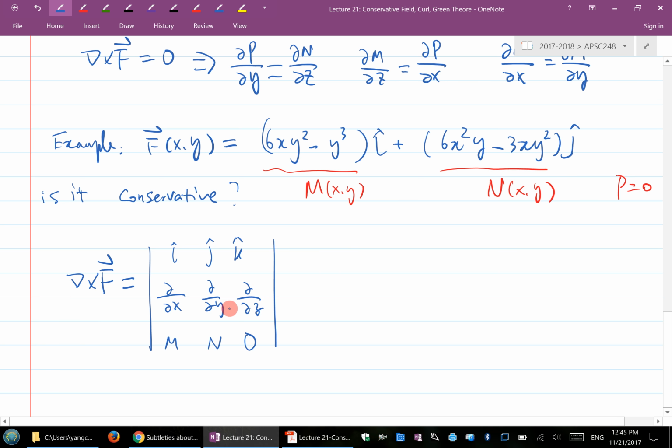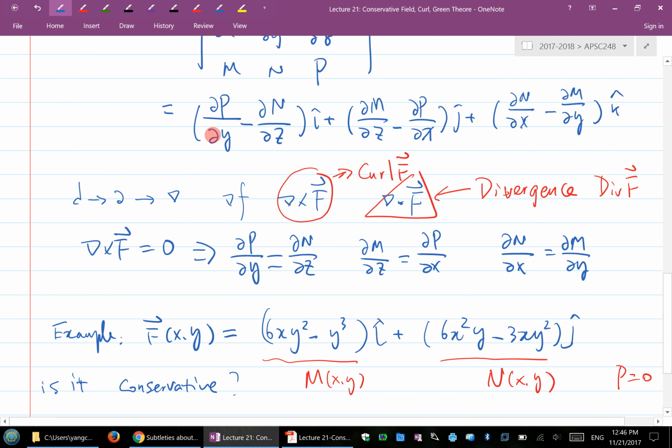Then you can calculate the determinant of this 3 by 3 matrix. As you can see, P is 0, and also M and N are not functions of z, they're only functions of x and y. So when you apply the formula, the first two terms are actually 0.